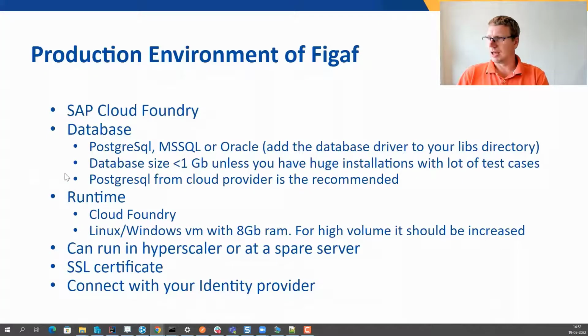You can also add, and database size is normally less than 1 gigabyte, unless you do really huge scenarios and have a lot of test cases or a huge set of PI objects or something like that.